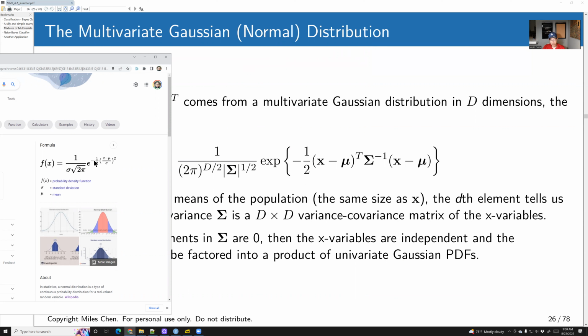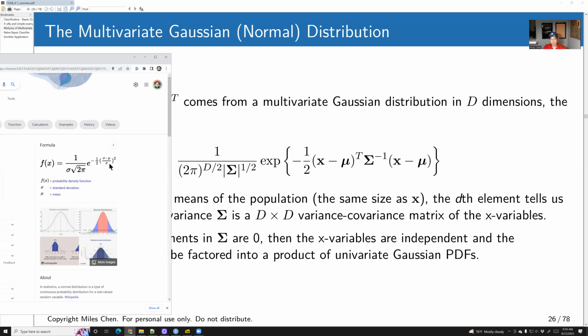I have e raised to the negative 1/2 times x minus mu over sigma squared. Now we're dealing in matrix form, so I still have this negative 1/2. But instead of x minus mu squared, I've got x minus mu transpose times x minus mu.